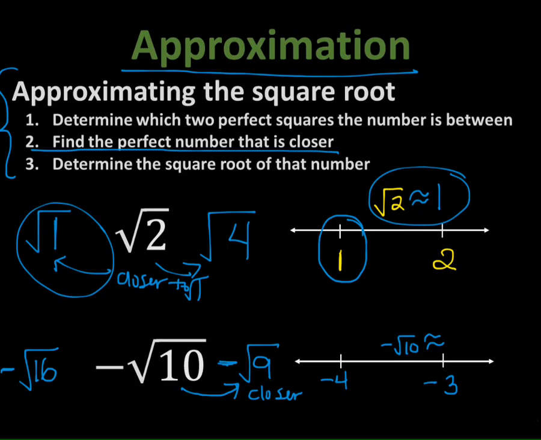It is closer to 9, so my answer would be negative square root of 10 is approximately negative 3. Now if you go back and look at the last page of notes, when we use the calculator, negative square root of 10 is closer to negative 3 than it is to negative 4, isn't it? So you can always type it into the calculator and determine which whole number it is closer to, and check yourself.